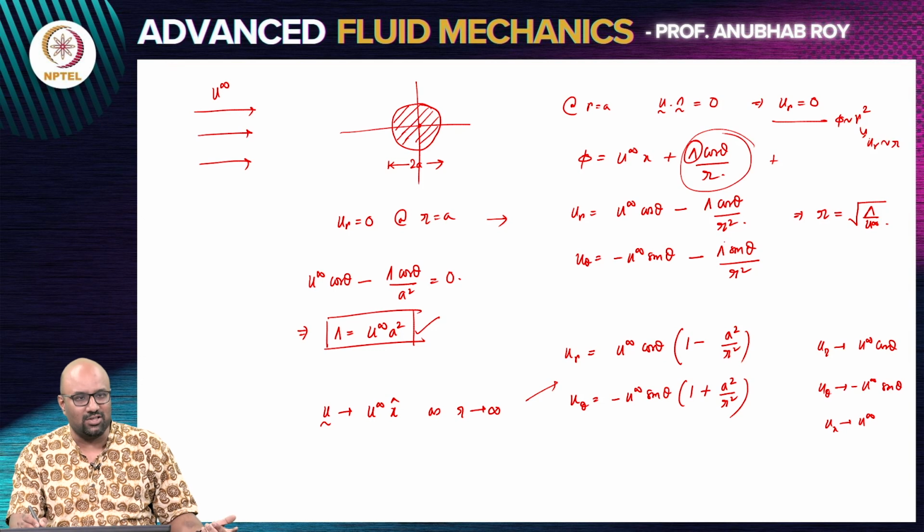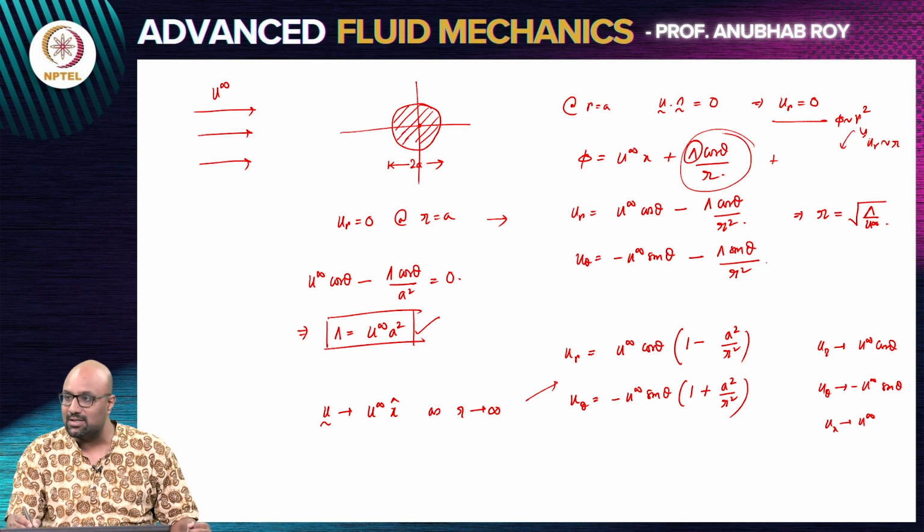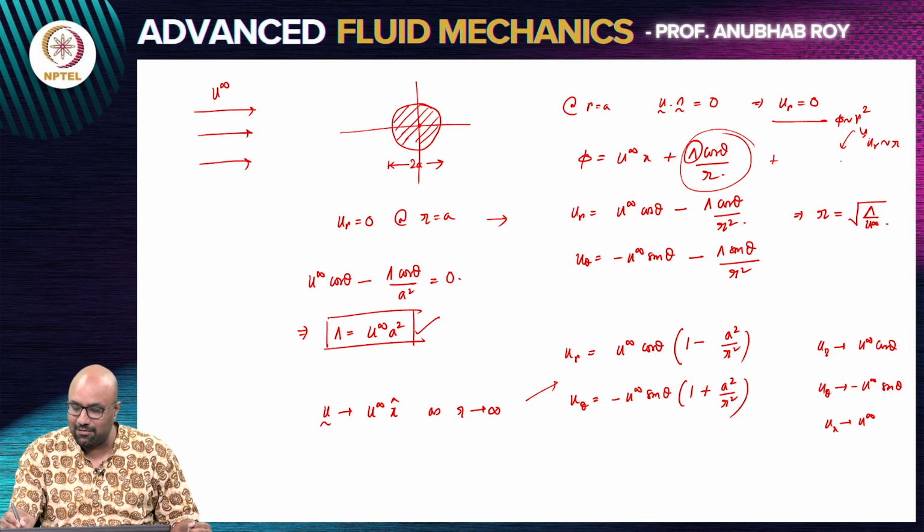Now, that is not possible, right? Far away, we know that the velocity should go to a constant, which means the potential can only have three kinds of pieces. The potential can have dependence with r. It can have dependence which are 1 over r and maybe higher powers of r.